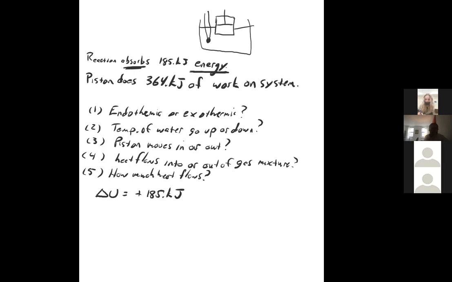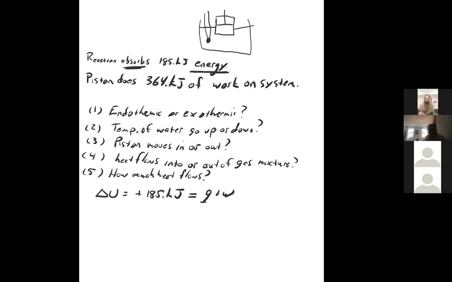If they had said that it absorbed 185 kilojoules of heat, then Q would be positive 185. But it says energy, which is delta U, okay? Now remember, delta U is Q plus W, right? So they didn't tell us the heat. They told us the energy.